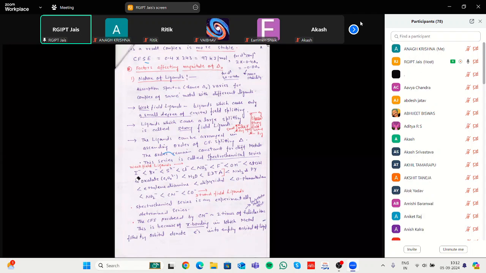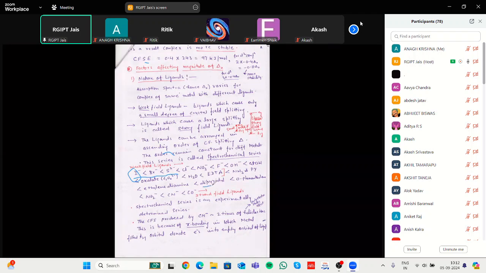In this spectrochemical series, you can see these are the ligands arranged according to their field strength. This is the weakest ligand. After that, bromine, sulfur, chlorine, nitrate, fluoride, hydroxide, ethanol, oxalate, water, EDTA, ammonia, pyridine, and ethylenediamine.